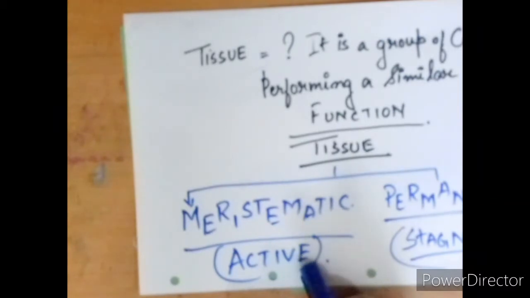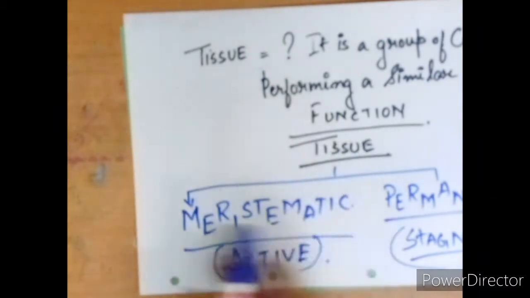For example, classification of meristems according to the stage of development.